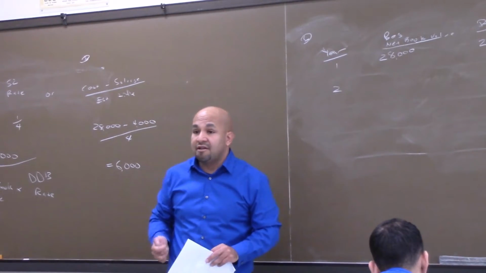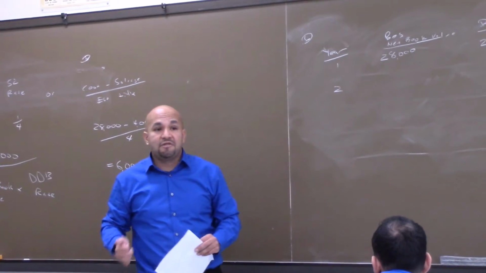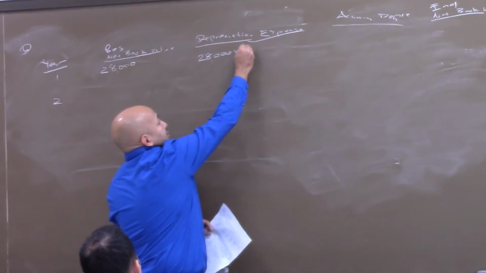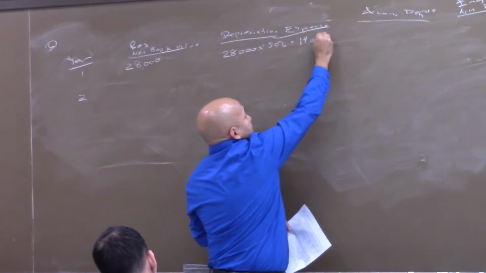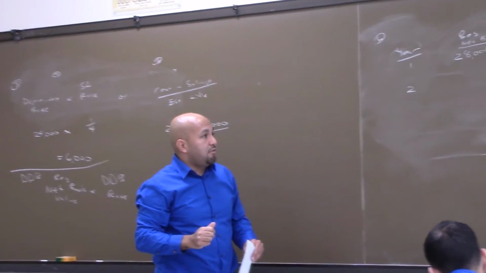That's the straight line rate. On the double declining balance, we're taking double that rate, but of the net carrying value, or the beginning balance. So it's 28,000 times 50% equals 14,000, right? Depreciation expense for the first year, 14,000.